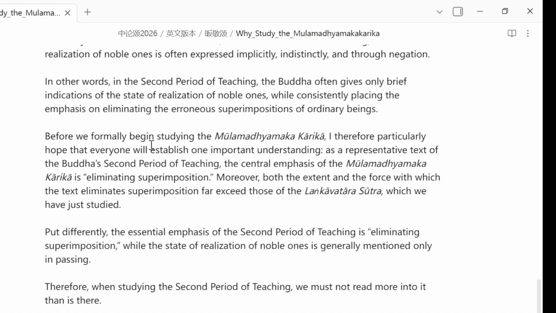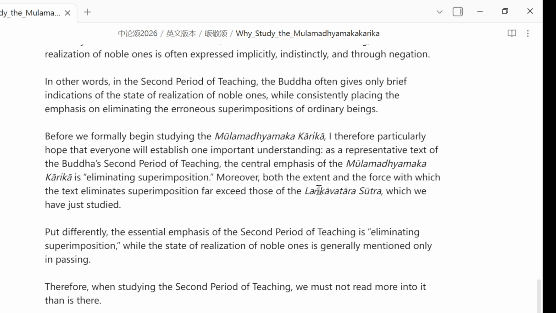Before we formally begin studying the Mula Madhyamaka Karika, I therefore particularly hope that everyone will establish one important understanding. As a representative text of the Buddha's second pillar of teaching, the central emphasis of the Mula Madhyamaka Karika is eliminating superimposition.